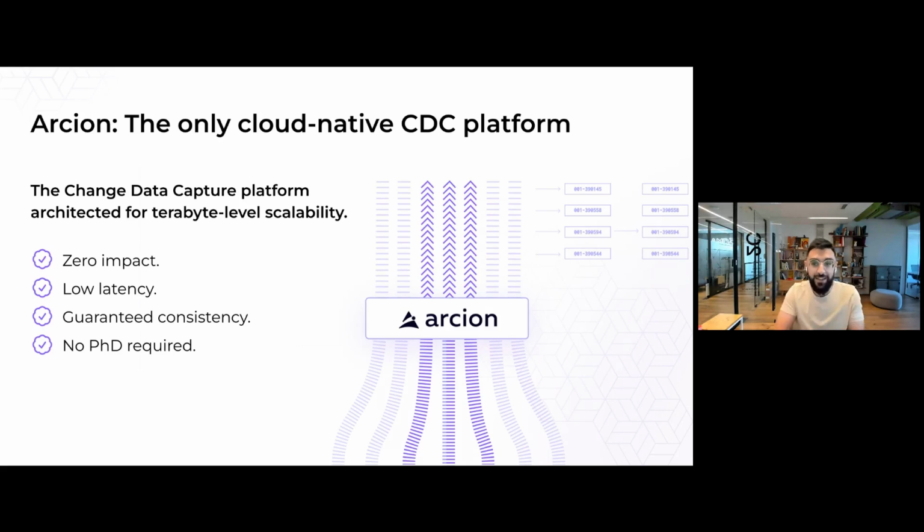Arcion is a cloud-native CDC platform. I didn't know what CDC even meant, but it's change data capture, which means that Arcion gets a hold of your source data through the logs on the database.